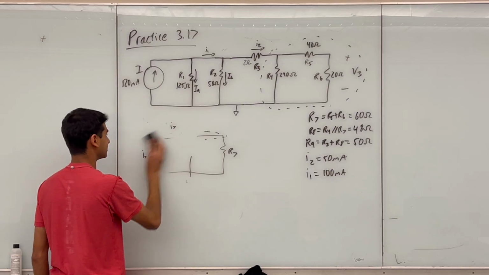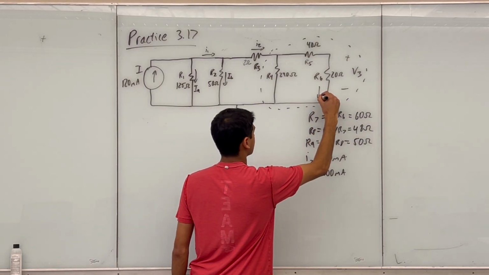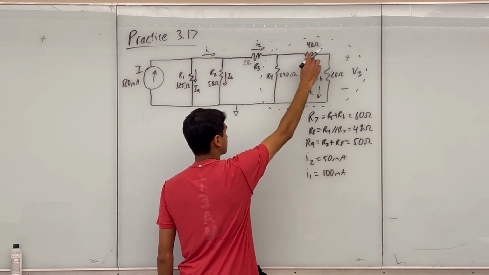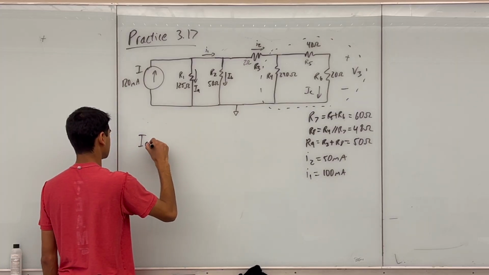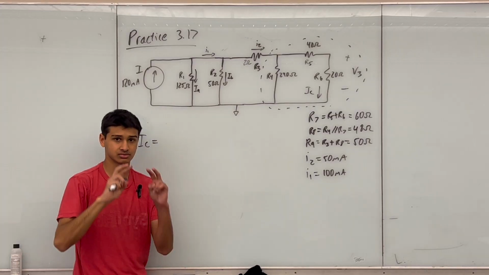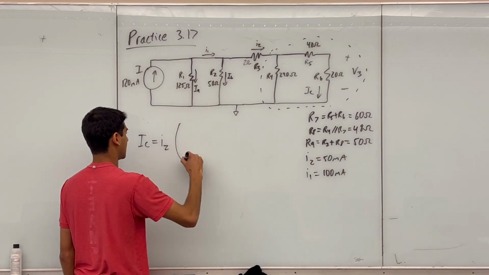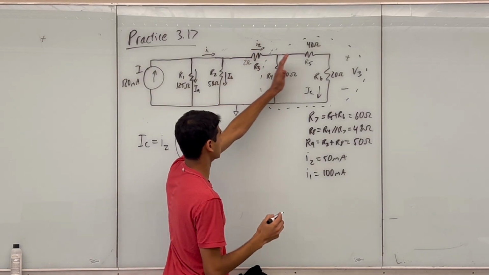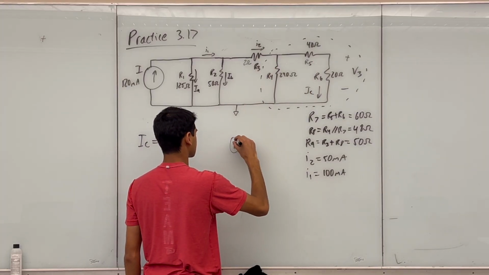So I'll actually write the current. I'm going to make another current here called IC, and IC is just the current through R5 and R6. And I'm going to write out that IC equals, remember I said that I2 is my source current, so I2, and then since I'm just looking at this side of the circuit, I need to find the equivalent resistance that I2 sees.